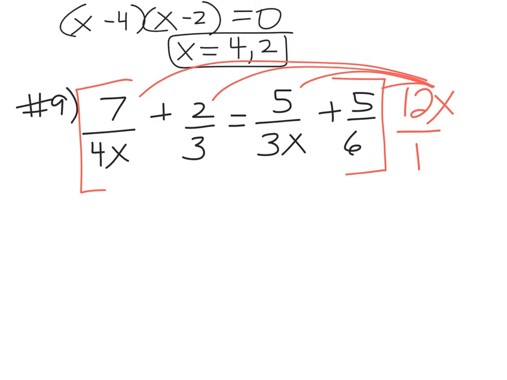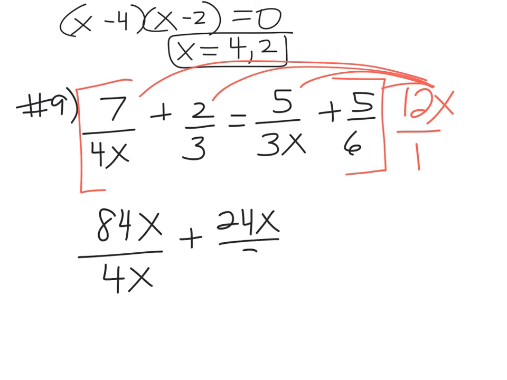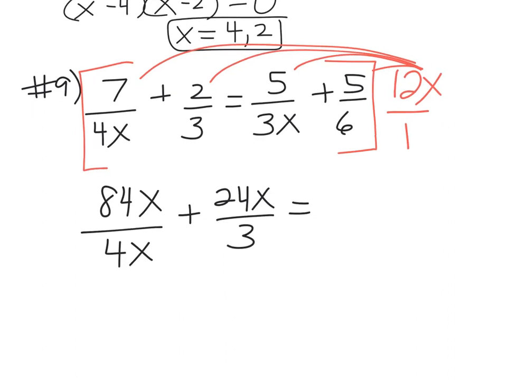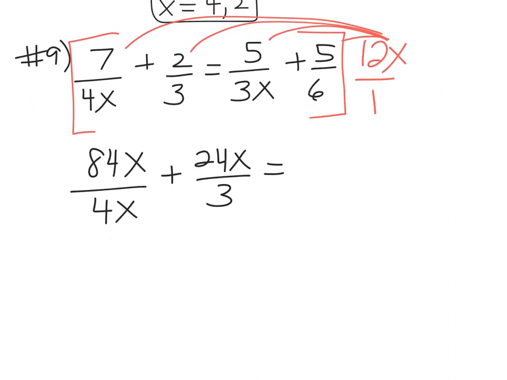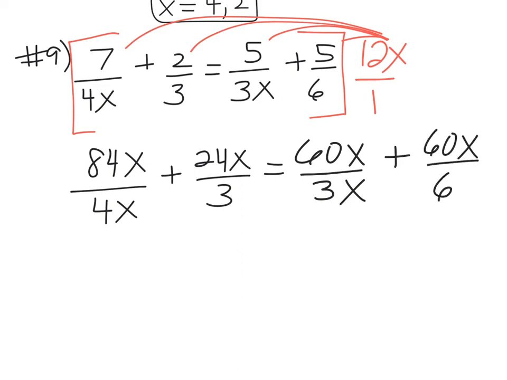So, 84x over 4x plus 12x times 2, so 24x over 3 equals 60x over 3x plus 60x over 6. So don't forget, only the numerators get this 12x. Everybody else, all the denominators all stay the same.